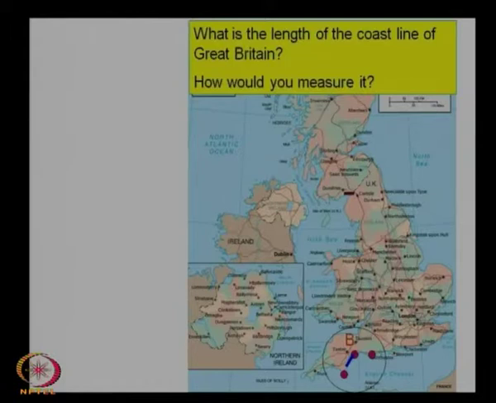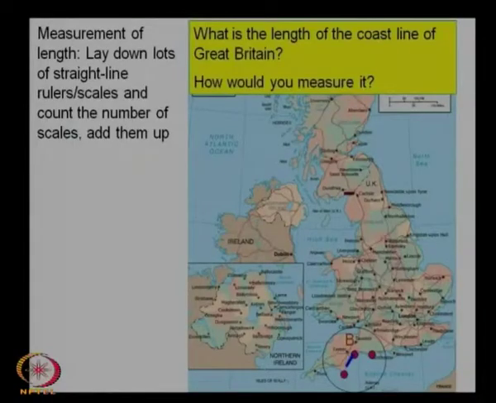You want to measure some distance between one point and the other. What you need is some measuring device, and you take a straight scale and have a number of these.